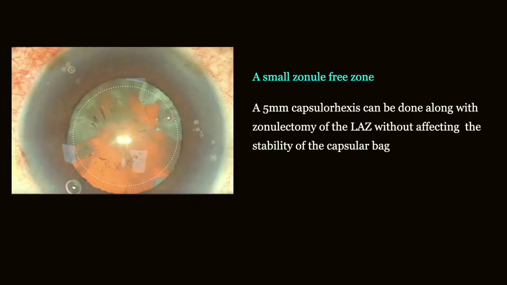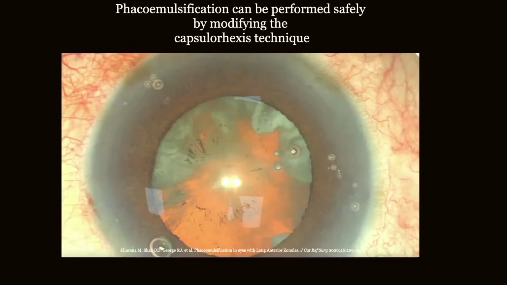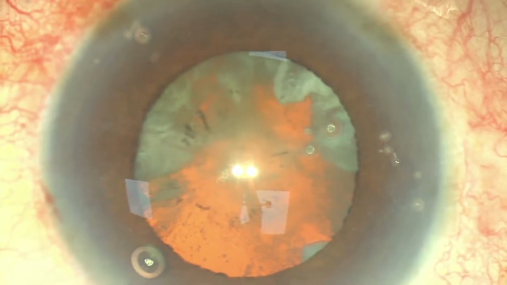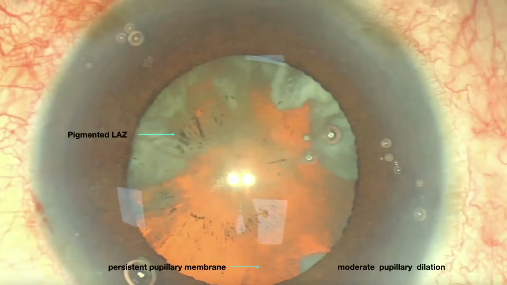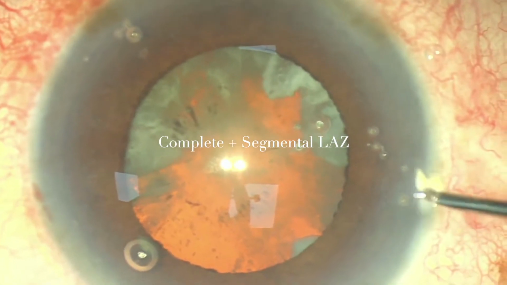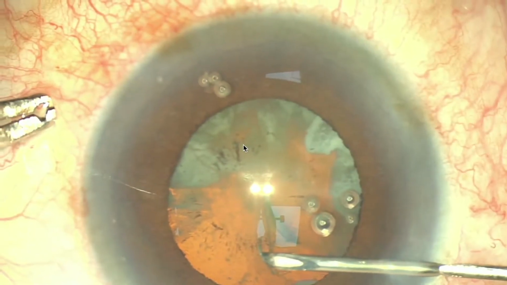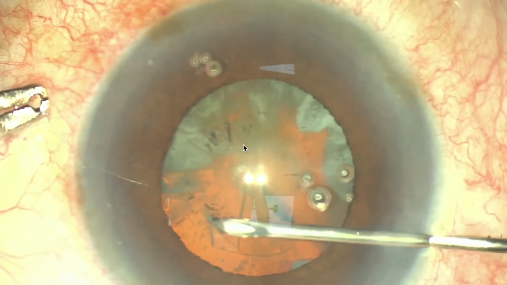In eyes with complete long anterior zonules, a 5 mm capsulorhexis can be performed safely by modifying the capsulorhexis technique as shown in this video clip. A cystitome is fashioned with a 26 gauge needle and the capsulorhexis is started.